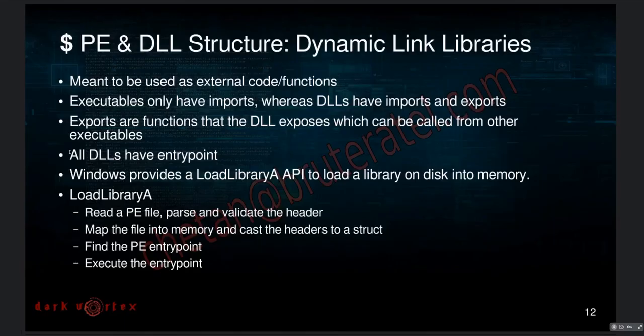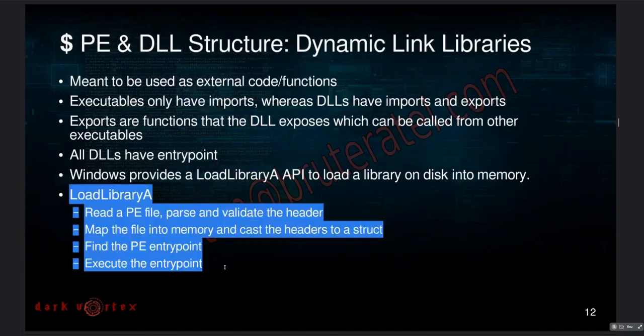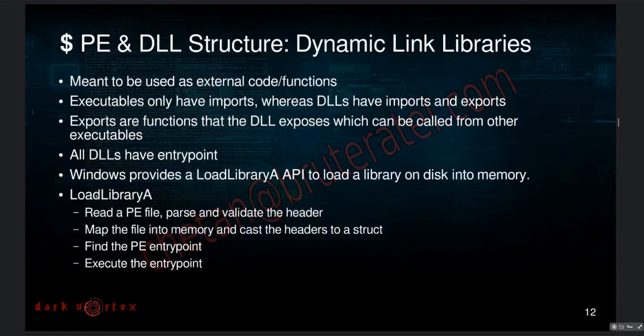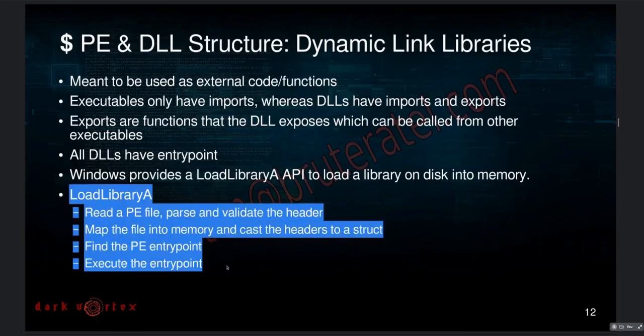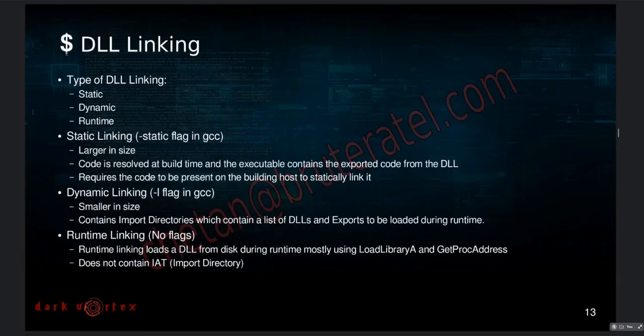So we will just take a look at how this specific technique, the reflective DLLs, actually work in memory. LoadLibrary, the reason why we're not calling LoadLibrary is because LoadLibrary only reads a PE from disk, extracts its headers and everything, and typecasts it, finds the PE entry point, finds the execution entry point, and executes it. We're going to do the exact same thing, but from a buffer that is currently in memory.